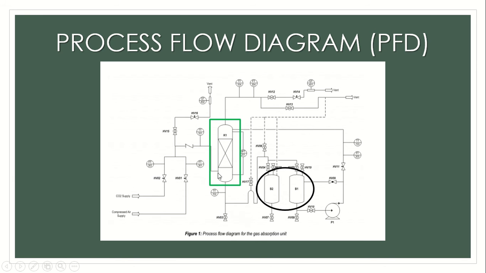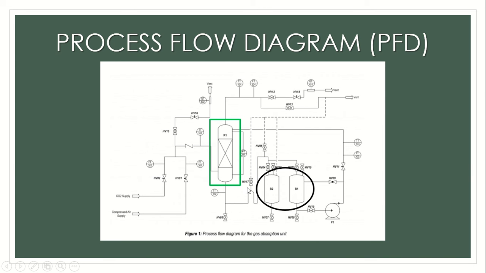This column is packed with glass raschig rings. These raschig rings act as the catalyst that, as I said before, is performed to increase the contact area of the gas and the liquid.